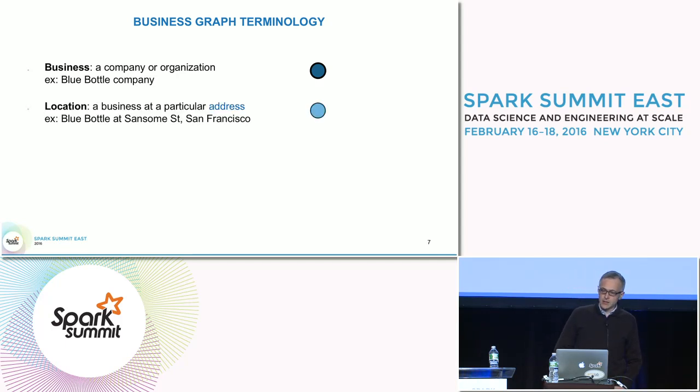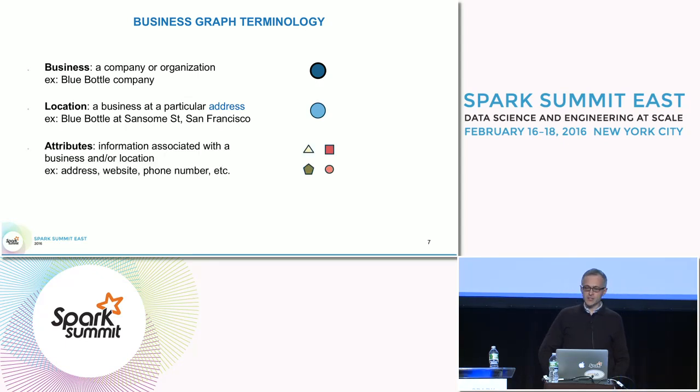A location represents a business at a particular address, such as Blue Bottle at Simpson Street in San Francisco, which is actually next to our headquarters. I am representing that as a light disk with a light border. Attributes represent information bits about a business or location, such as an address, a website, a phone number, an industry category, and so forth.